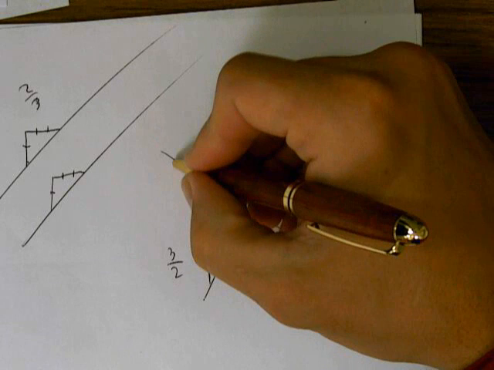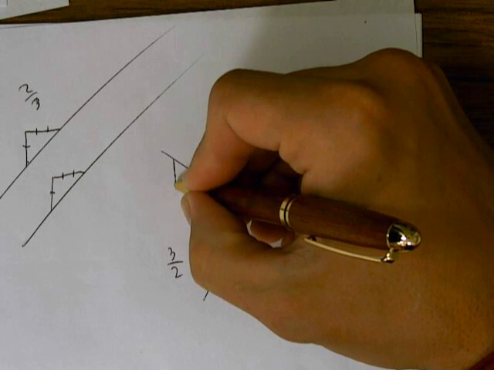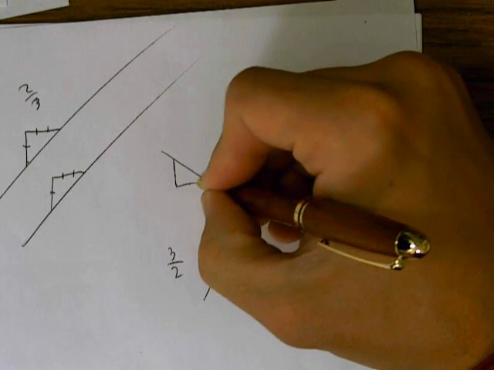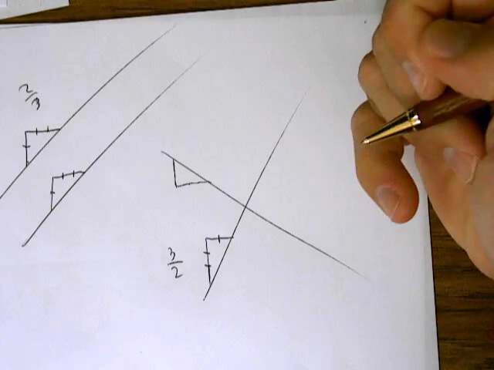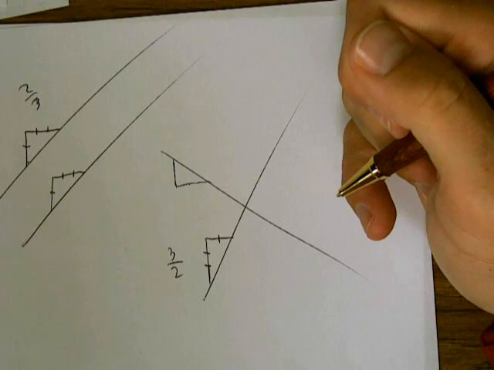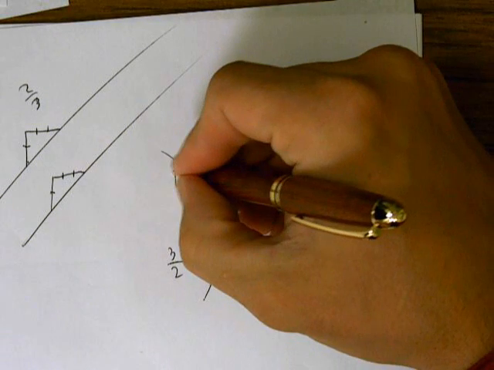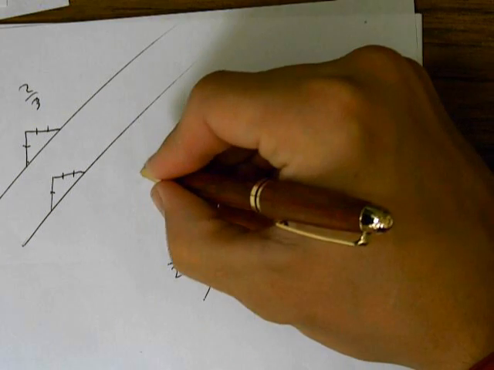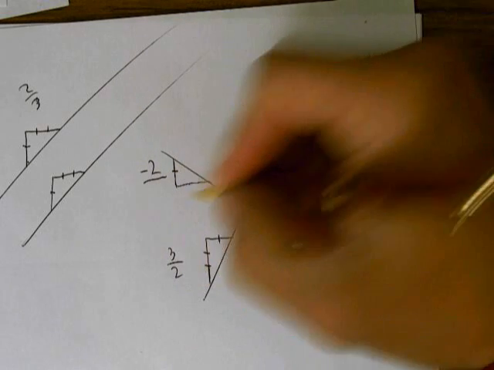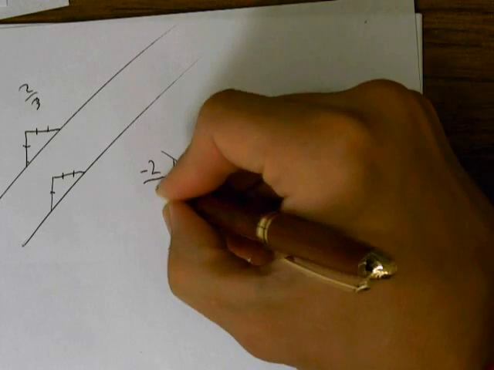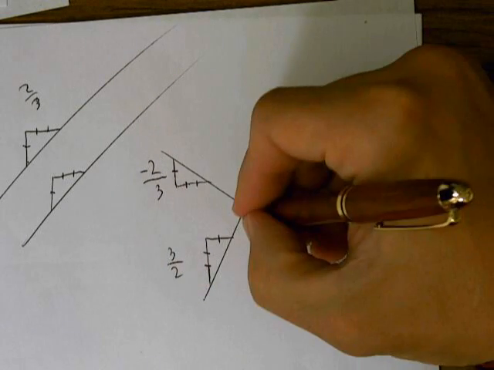Now let's try this one. Okay, and I know it's not drawn perfectly, but if it was, then we should get a rise of -2 and a run of +3 if it is in fact perpendicular here.